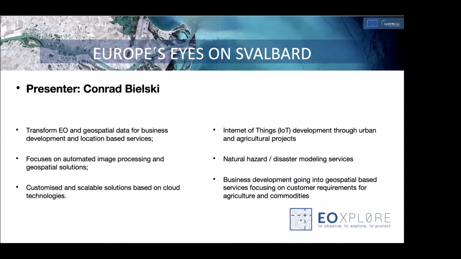That was just before Google Earth came out. Later on, I focused more on natural hazards and disaster modeling services, basically trying to help those in need after a disaster, using EO plus other information to do that quickly and efficiently.